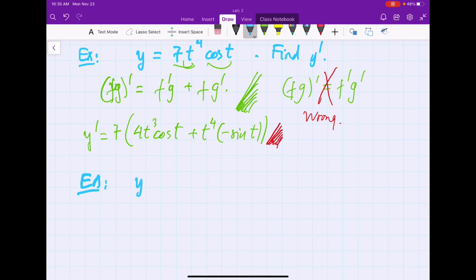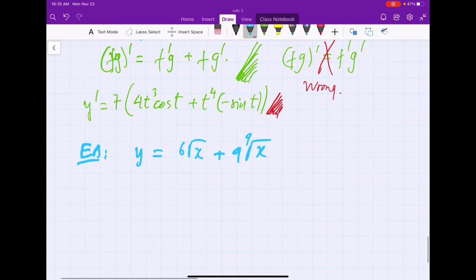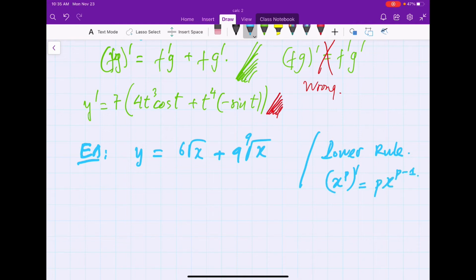Again, find the derivative of the following function: 6 square root of x plus 9 ninth root of x. It's very simple. We use the power rule. The power rule says you have x to the p, derivative is p x to the p minus 1. But for this problem, before you apply the power rule, you need to convert these functions into power functions.